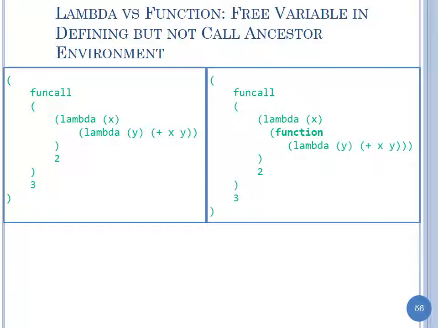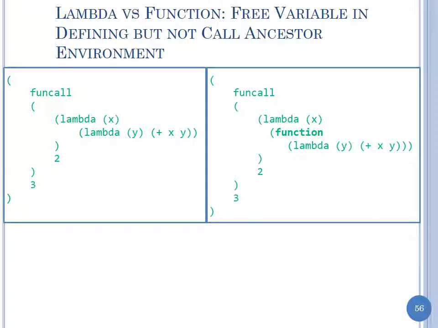And on the right-hand side, sorry, I got this confused. There is a y in the inner lambda, which is referencing, we're doing plus x y, and the x is a free variable in the inner lambda, but it's a parameter of the outer lambda. Okay, so this is not the same case as last time.